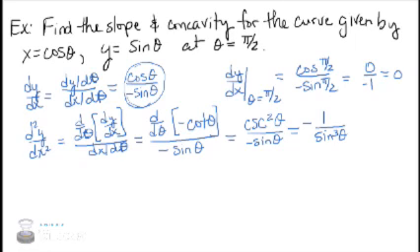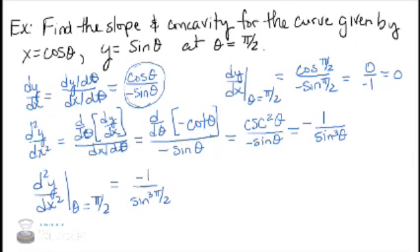But I like to think in terms of sine since we're going to be plugging in. So this is going to mean that our second derivative with respect to x, evaluated where theta is pi over 2, is going to be negative 1 over sine cubed at pi over 2. Sine of pi over 2 is 1, so that's just going to be negative 1 over 1 cubed, or 1. So negative 1.